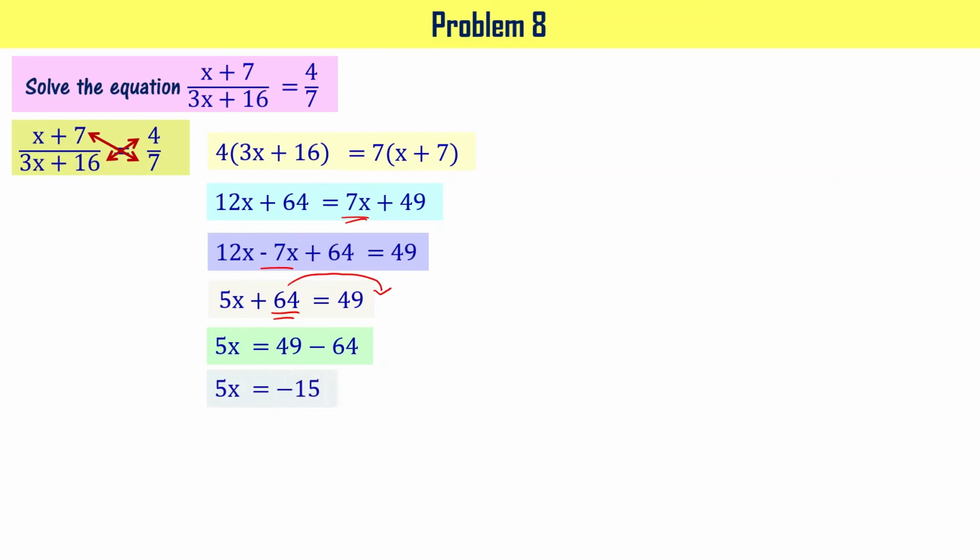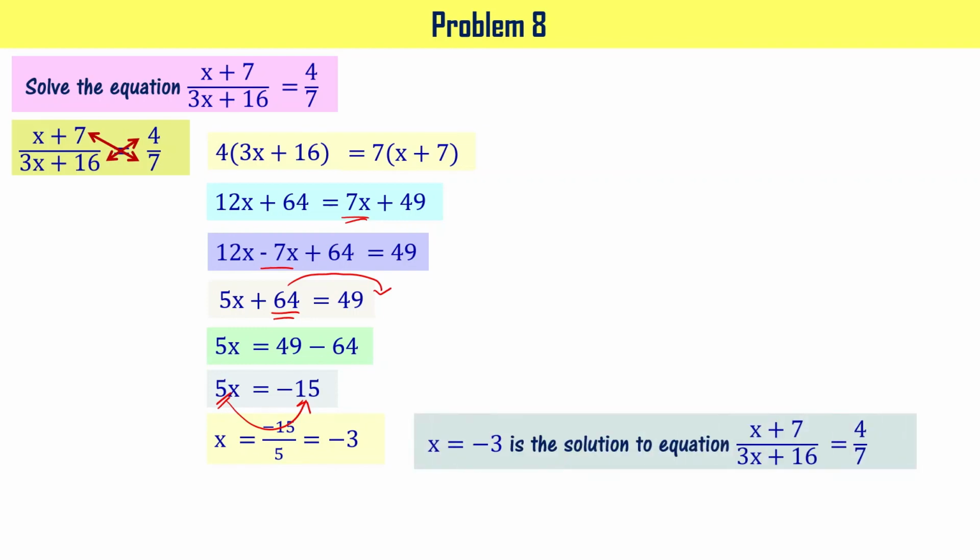It means 5x equal to minus 15. Now I can transpose this 5 onto the other side. Since it is multiplying x, it is going to divide minus 15, right? When I do that, I can write it as x equal to minus 15 by 5, that is equal to minus 3. So x equal to minus 3 is the solution to the given equation. I hope you got the concept.